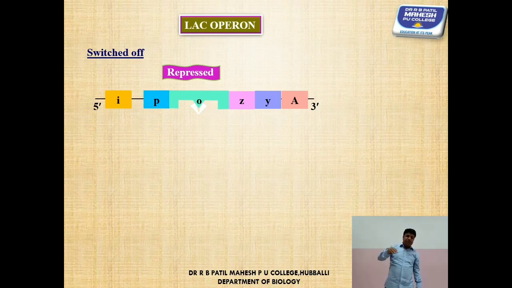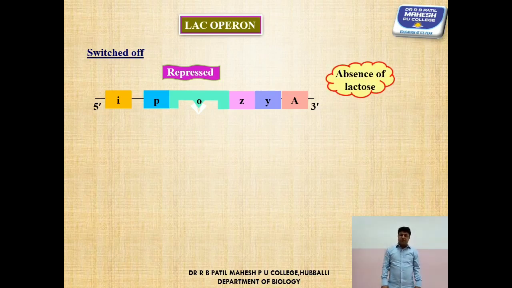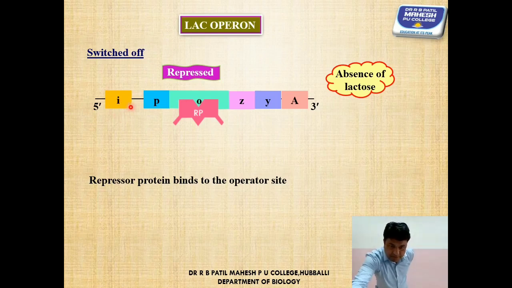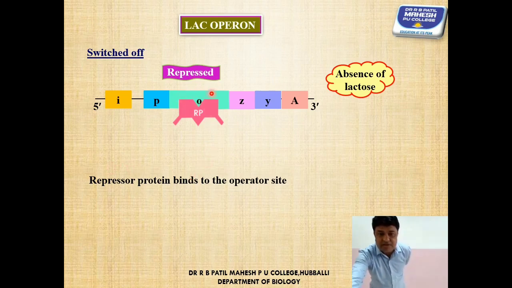So in the presence of inducer and in the absence of inducer. Let us start with the first one. In the absence of inducer, that is lactose, what happens? So this regulatory gene or inhibitory gene will produce a repressor protein, and this repressor protein, in the absence of inducer, goes and binds to the operator gene.